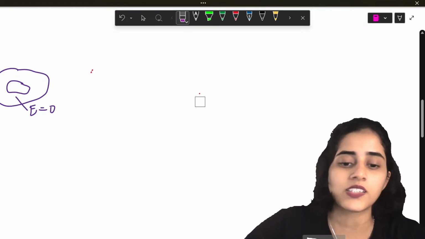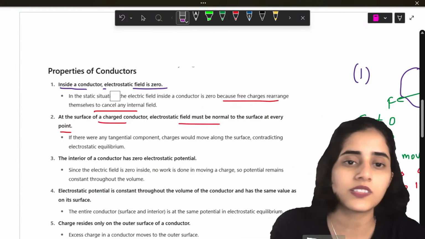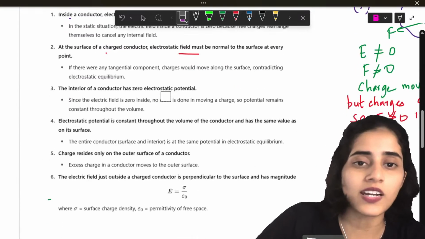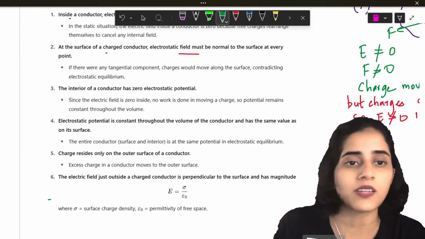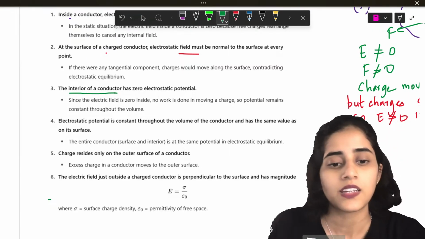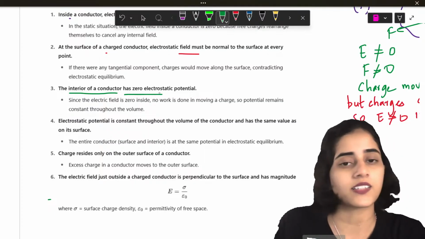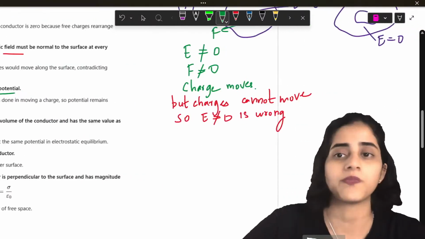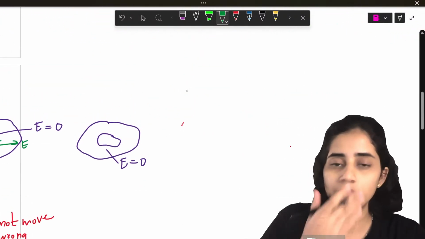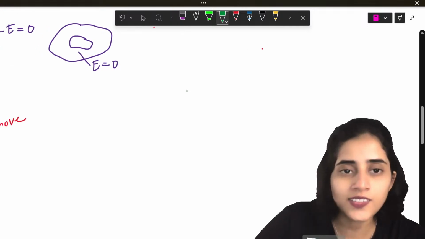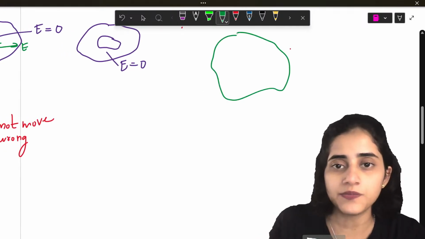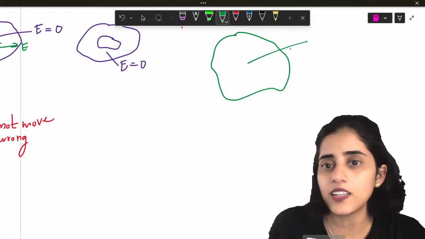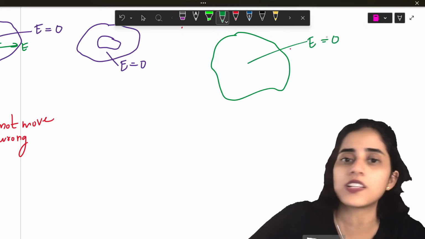Okay, let's look at the next one. It says that the interior of a conductor has zero electrostatic potential. If you take a conductor, inside the conductor we already know that the electric field is zero.